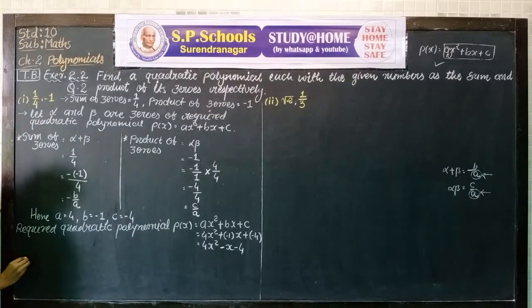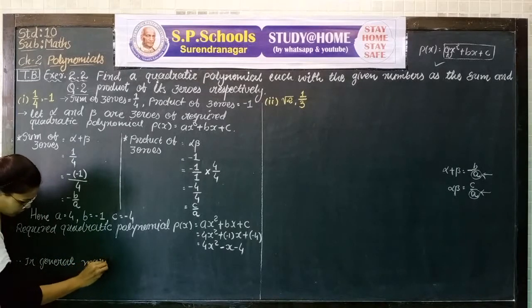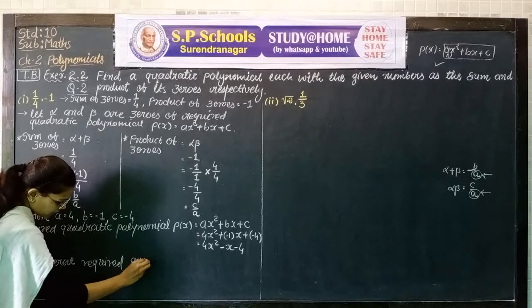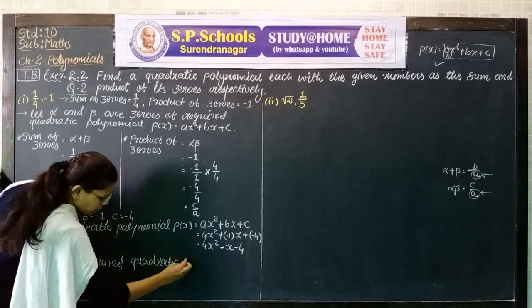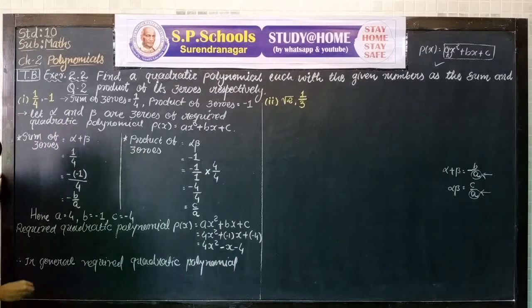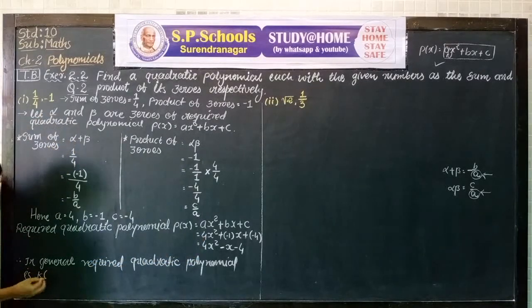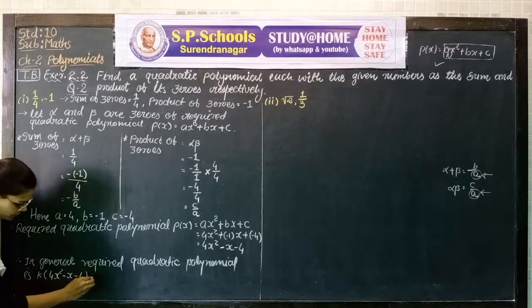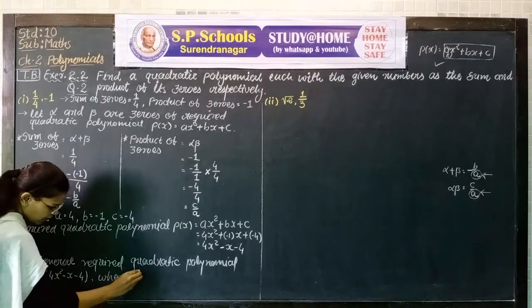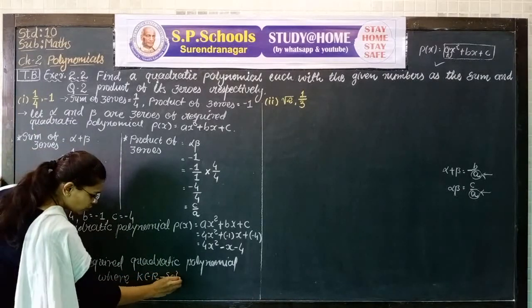Therefore, in general, the required quadratic polynomial is k into the bracket 4x square minus x minus 4, where k belongs to R minus 0.